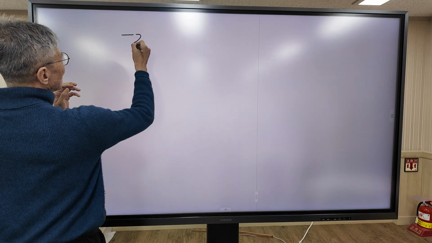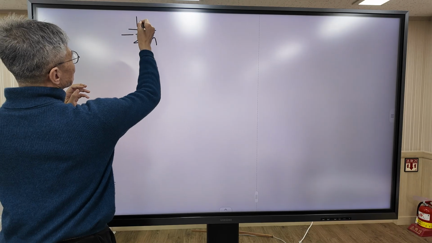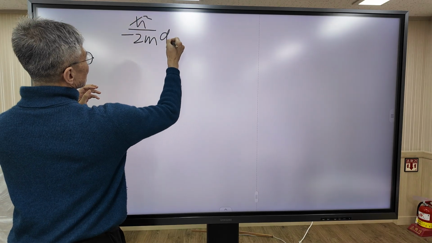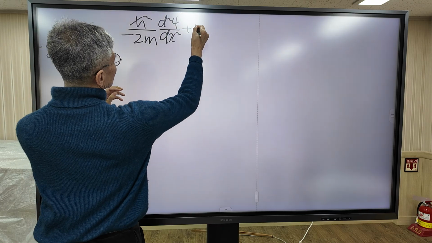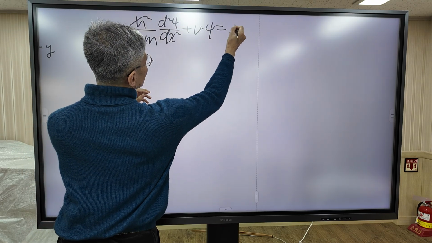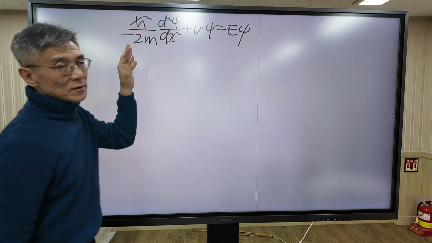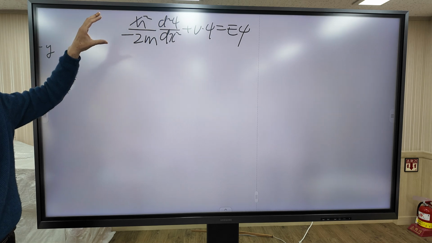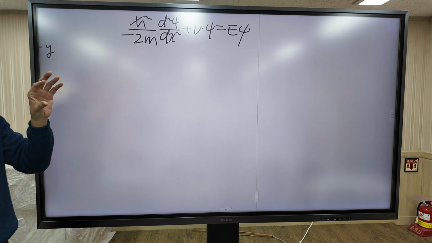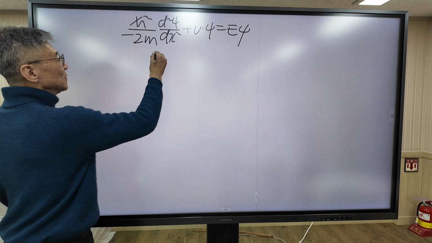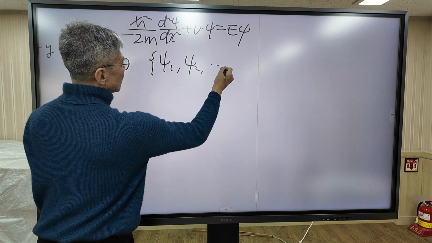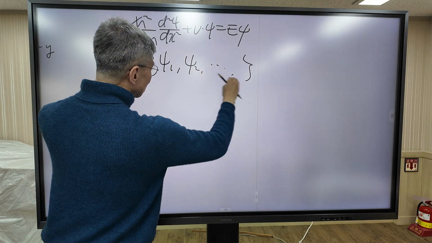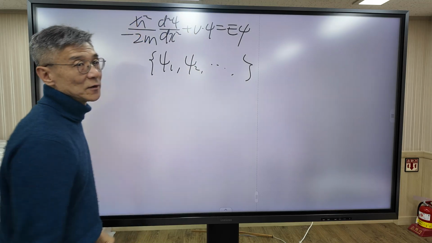We solve this Schrödinger equation. We already solved this Schrödinger equation. When you solve it, we obtain a set of functions, an infinite set of functions, which is the solution to the Schrödinger equation.